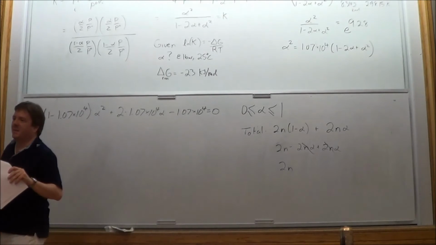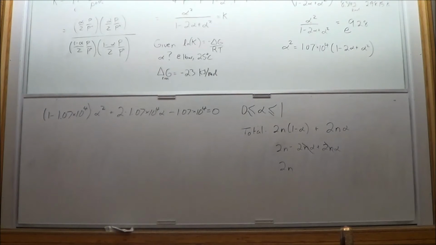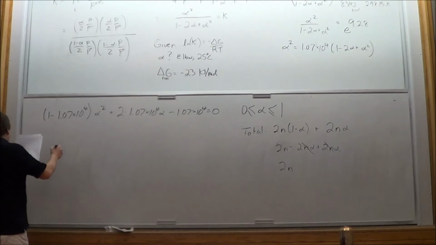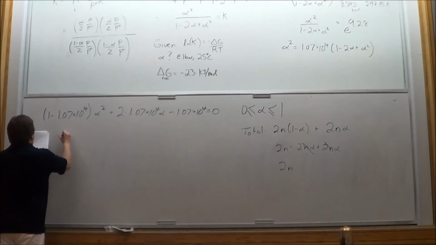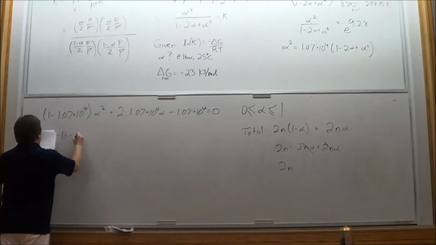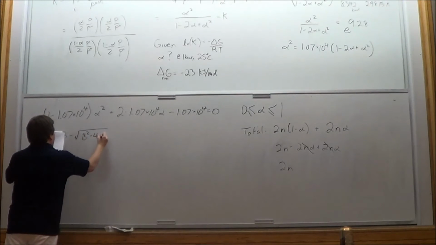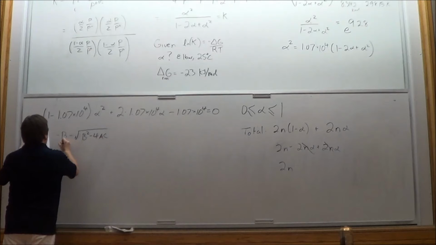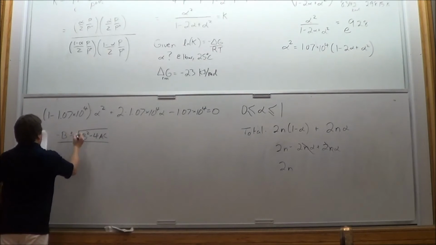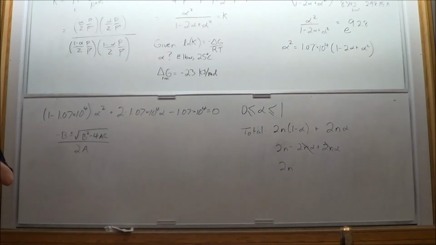Now what do I do? Quadratic. Bane of every 4th grader. Minus b plus or minus square root of b squared minus 4ac over 2a. Now, if you're going to do it this way, that's great.